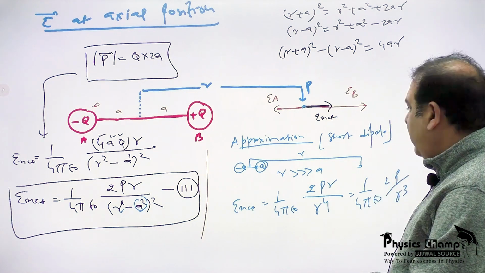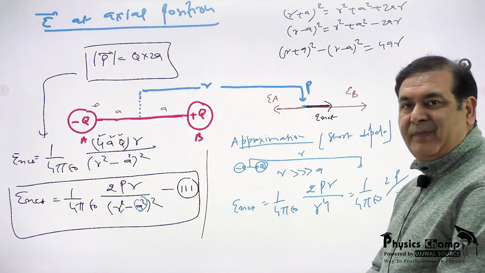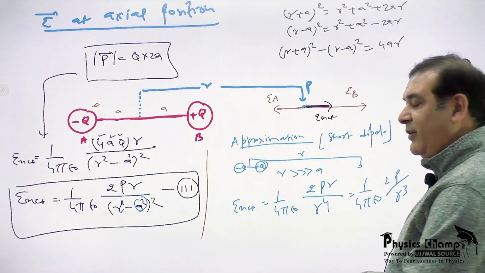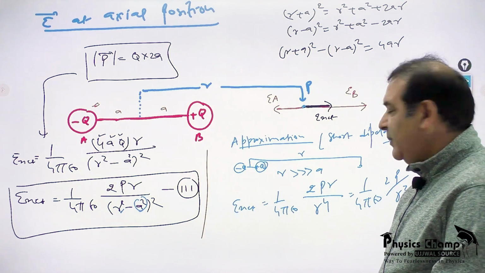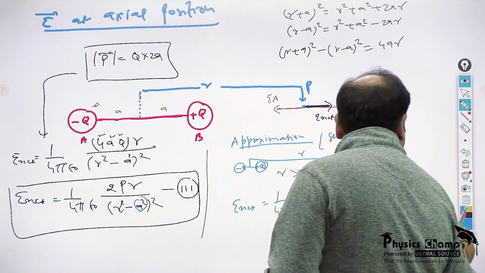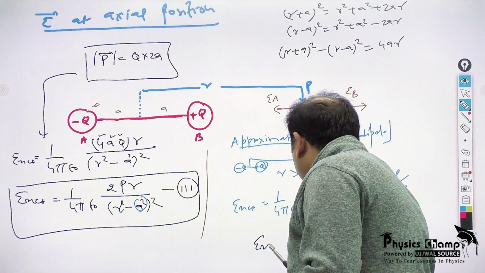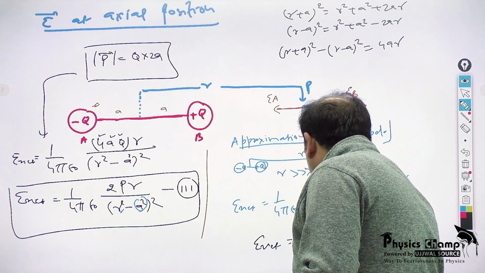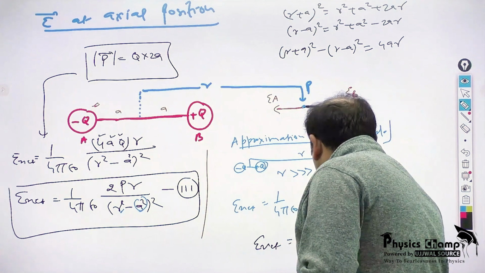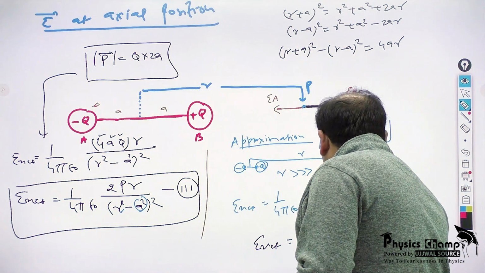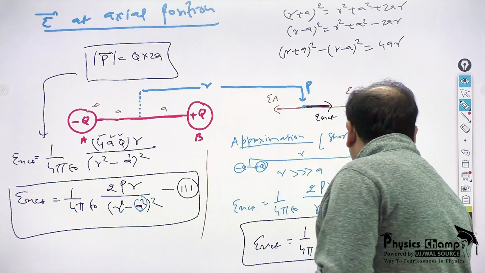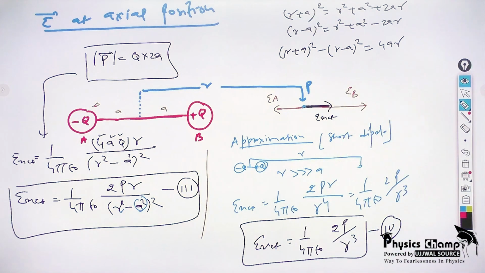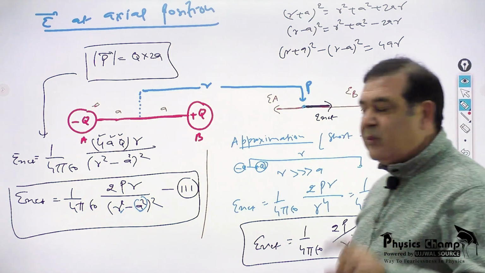So here we have obtained the net electric field at axial position. The net electric field at axial position for a short dipole is 1 by 4 pi epsilon naught 2p by R cube. I call it equation number 4. So you should remember this all the time.